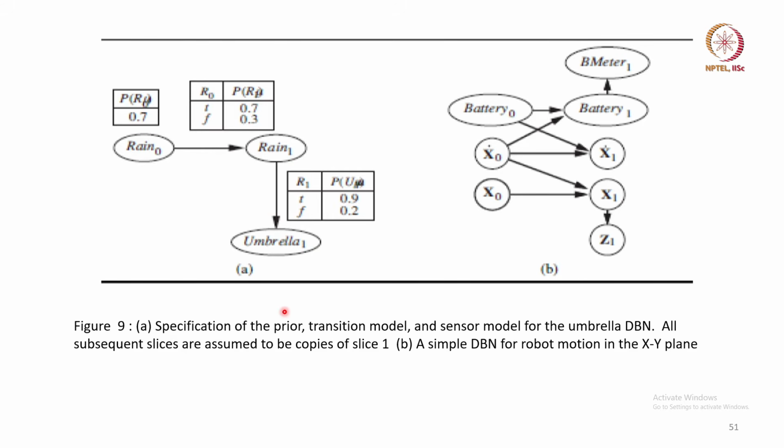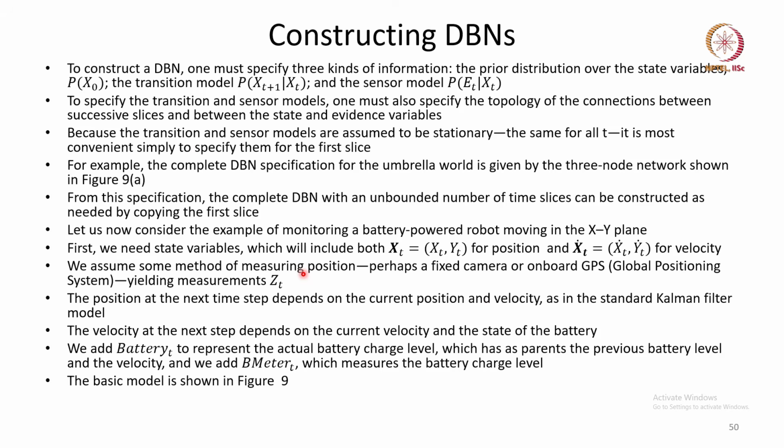This is the specification of the prior, transition model and sensor model for the umbrella problem, right. So using this you can get the complete DBN which we are looking for.